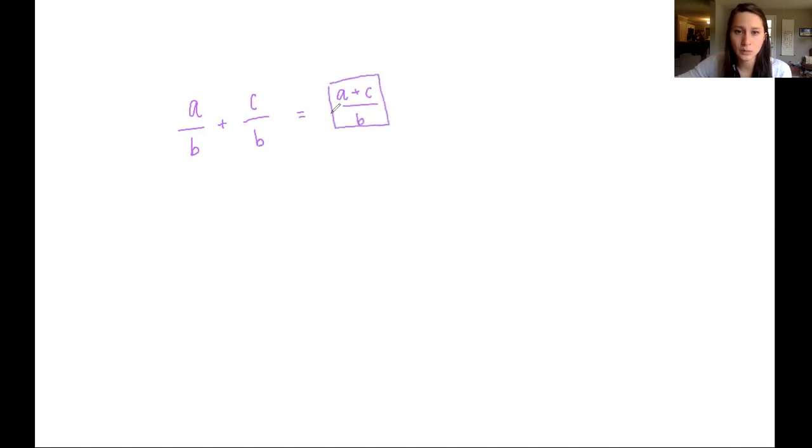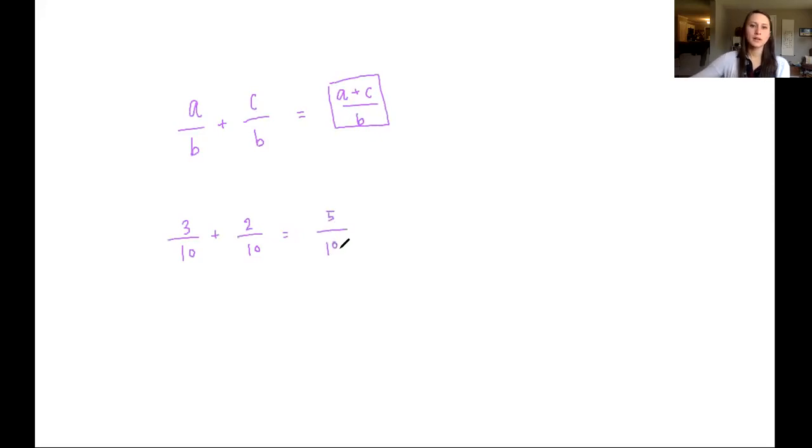That would be how I'd work it out. So for example, if I have 3 over 10 plus 2 over 10, then I would add the numerator and keep the denominator the same. 3/10 plus 2/10 would be 5/10.